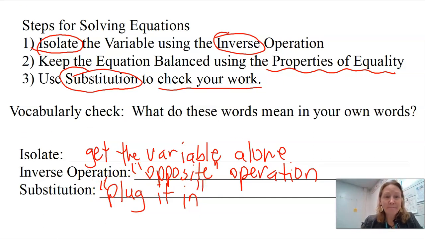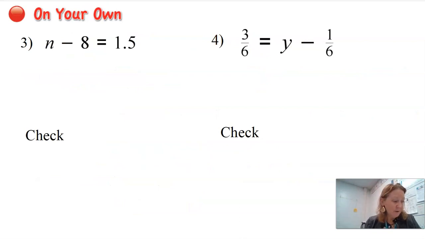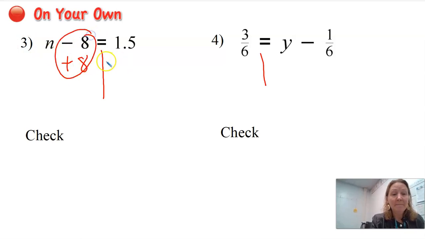All right. Okay, so we got some Oreos, and pause the video, try these on your own. Okay, I'm going to underline. I'm putting the balance scale down from the equal sign. I'm looking at the side with the variable, and I'm doing the opposite of subtracting, which is adding 8. So I get, oops, I'm going to put 8.0, line up my decimals. I get 9.5, and x equals 9.5.